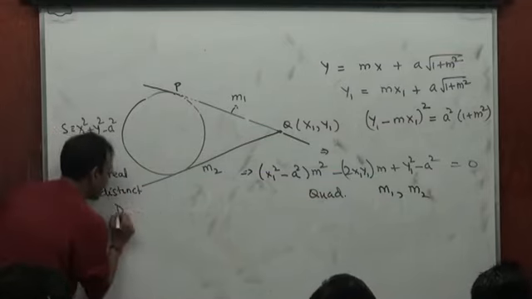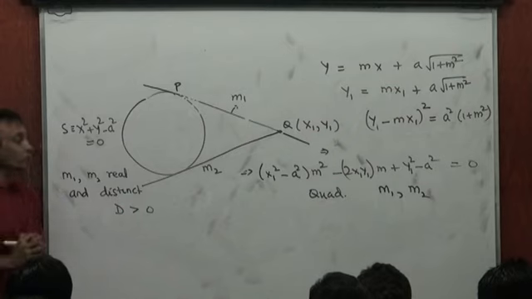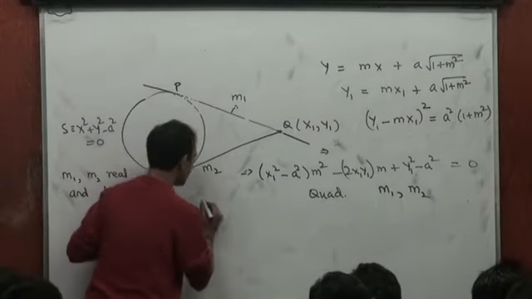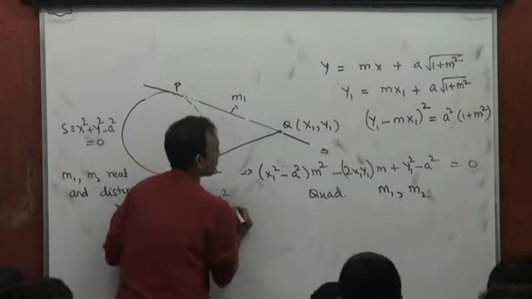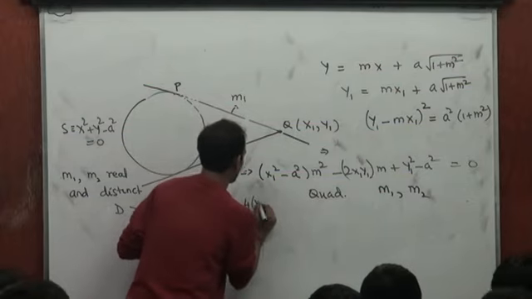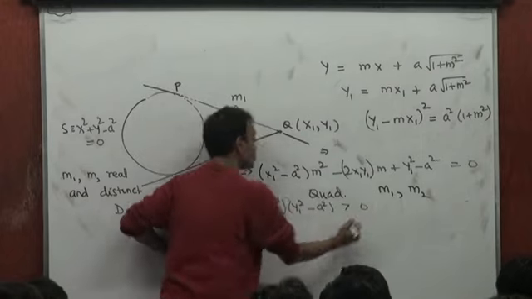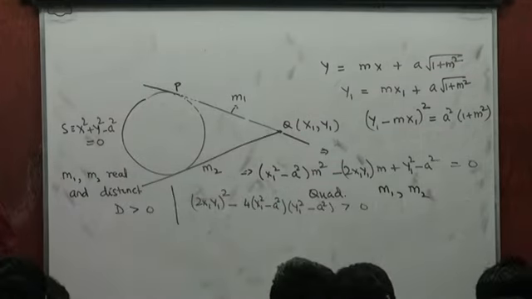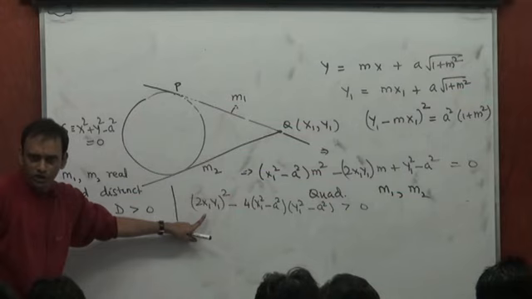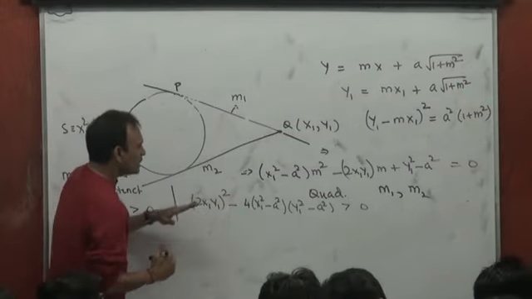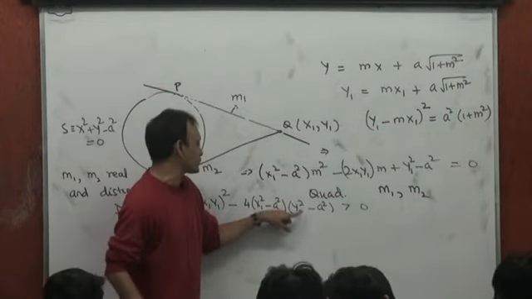We have the discriminant of the quadratic greater than 0. What's the discriminant? 4 times 2x1 y1 whole square minus 4 times x1 squared minus a squared into y1 squared minus a squared, greater than 0. This would cause the tangents to be real and distinct, right? Now when I multiply this out, 4x1 squared y1 squared cancels out.